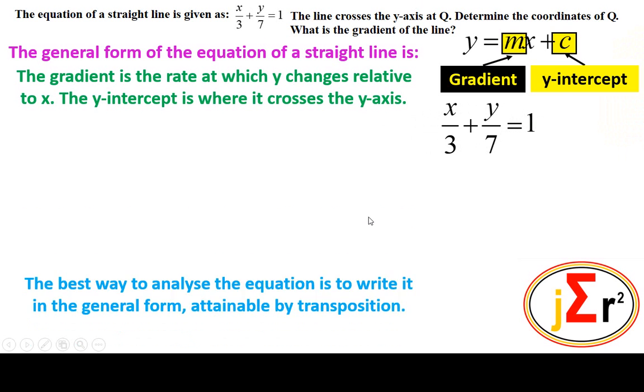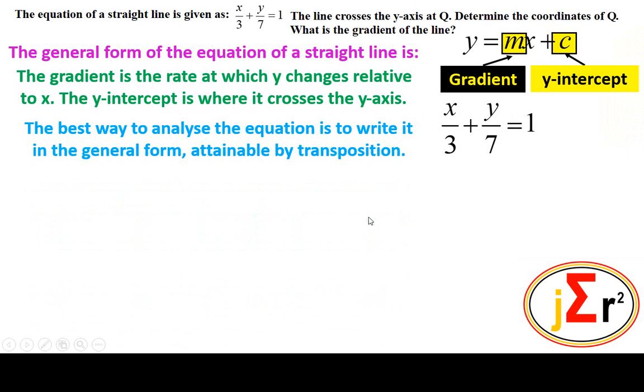Right there. The best way to analyze the equation is to write it in the general form, attainable by transposition. We will therefore write this particular equation in the general form, and we are going to achieve that by the process of transposition.